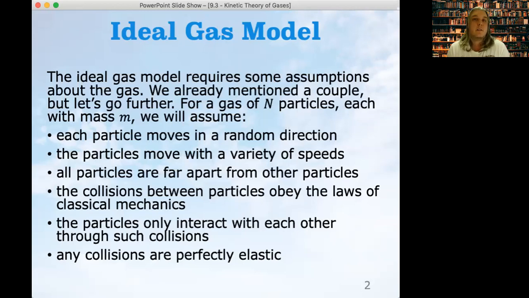There's quite a bit of assumption going on, but as I've said during some of my videos and Zoom sessions, you need to be aware of these assumptions, because if you are using these equations to consider some scenario, you need to be able to stop and ask, is this going to hold up? We've assumed the particles are far apart from other particles.